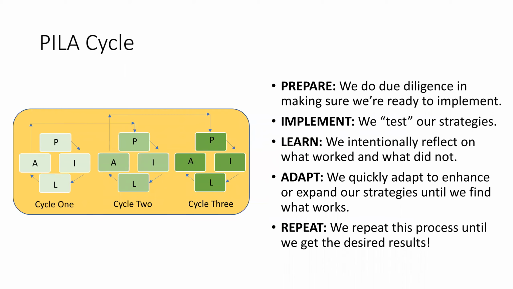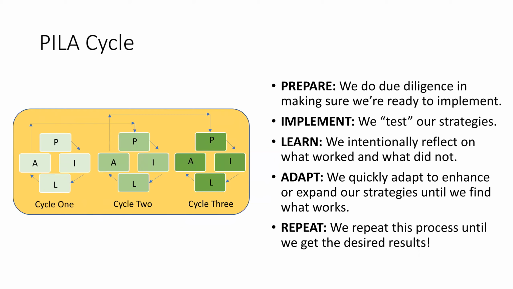Then in cycle 3, you begin to go to scale by expanding your strategy to reach more people and settings. With each cycle, you're increasing the scope of your implementation and learning more and more about what works. And as we explored on the last webinar, it's certainly better to fail fast during early initial cycles than when you're attempting to work at a larger scale.